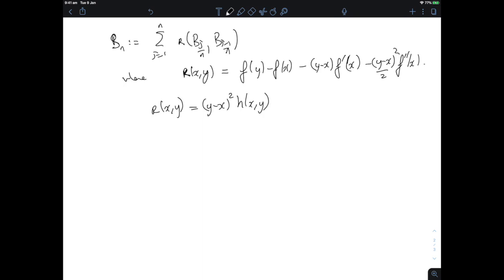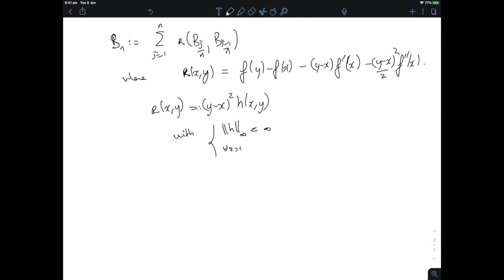You can write that as an integral, and you can factor out (y − x)² out of that at least. And what you have here is still going to be a uniformly continuous compactly supported function. Well, it's going to be a continuous compactly supported function, and compactly supported functions that are continuous are automatically uniformly continuous. So what we have is that h is bounded and uniformly continuous.